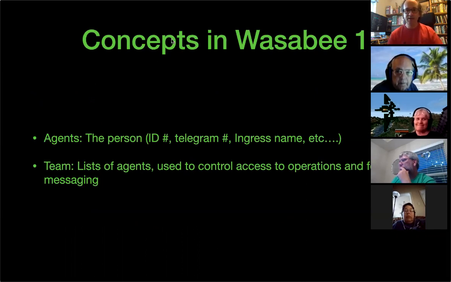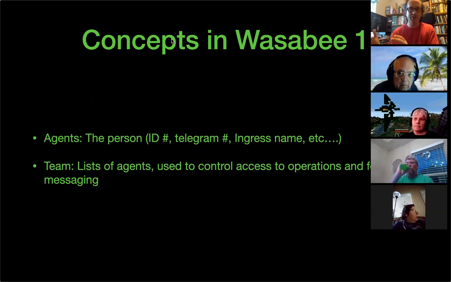So some key concepts. Agents. We all know what an agent is. It's just the person. It's their Google ID number, which is the same ID number that's across all Google platforms. It's your Telegram number if you choose to set it up. It's your ingress name and some other limited data. We don't store much in the server. I don't store your email address. We don't store anything other than your last location submission, and then only for 2 hours.